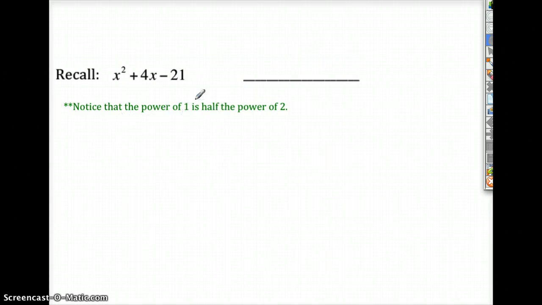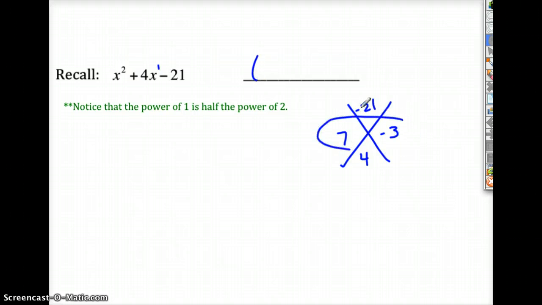So here again, notice that the power of 1 on the middle x is half of the power of 2. And we know that to factor this, we would do an x puzzle. What multiplies to -21 and adds to 4? Well, that would be a 7 and a -3. And when we factor using these numbers, we do x plus 7, x minus 3, right?